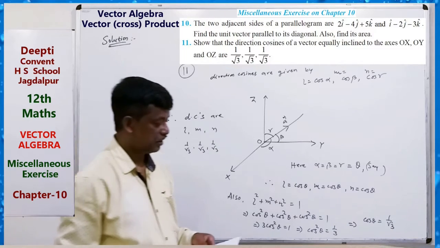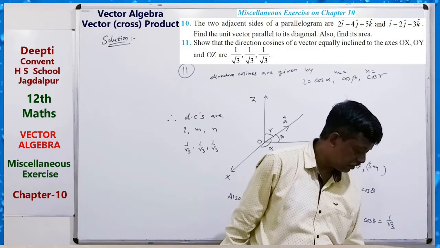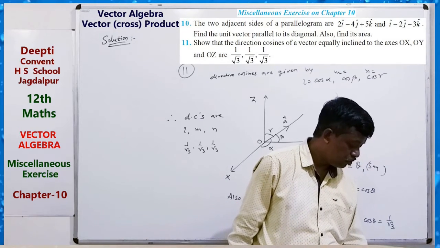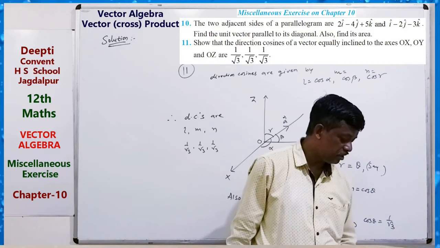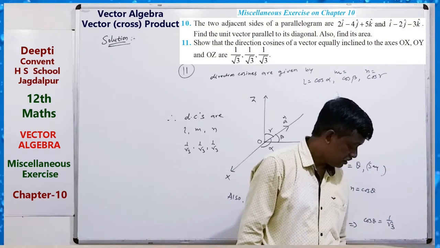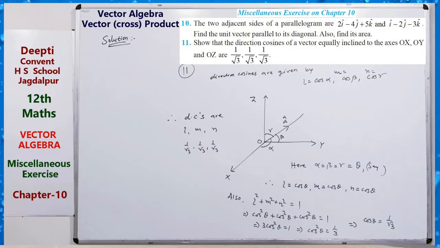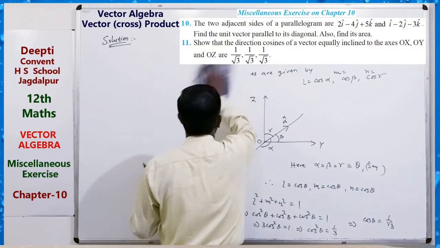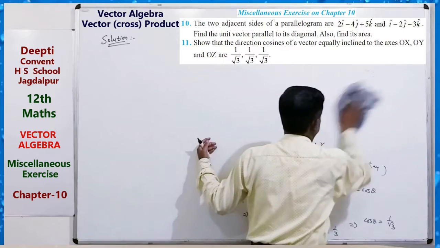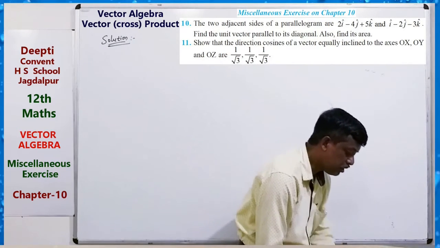Question 11 done. Question 12. Let A, B, C be given vectors. Find a vector D which is perpendicular to both A and B, and C dot D equals 15. You can solve it by taking the conditions.